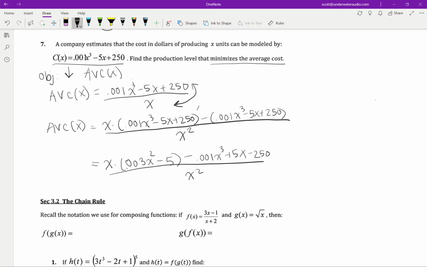Okay, so this is my derivative. Oh, and I forgot to put a prime here. This is my derivative.